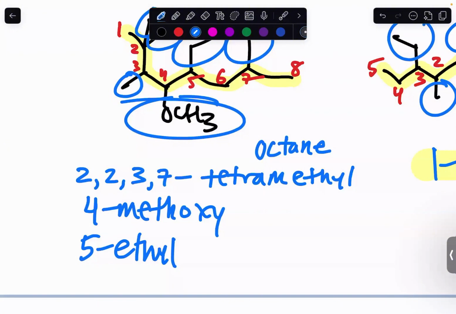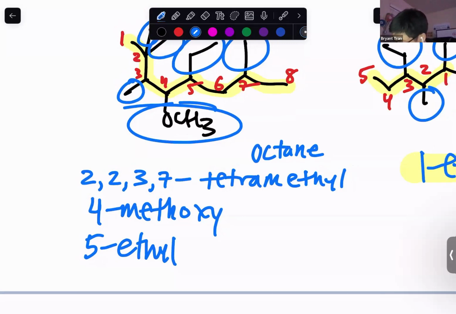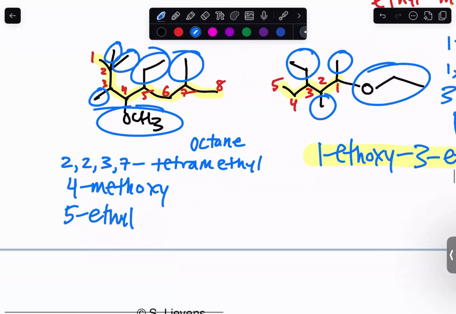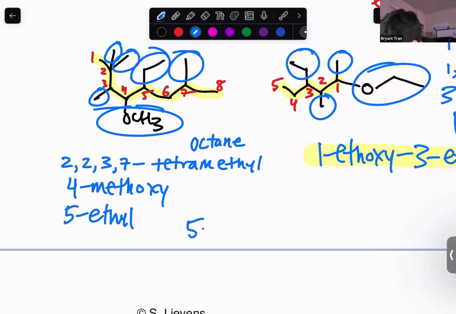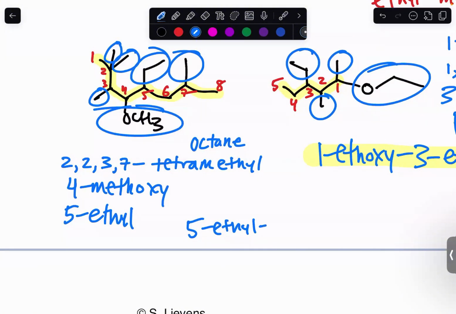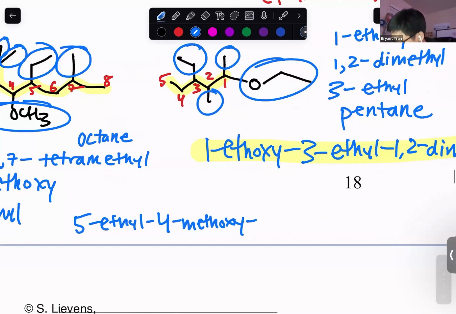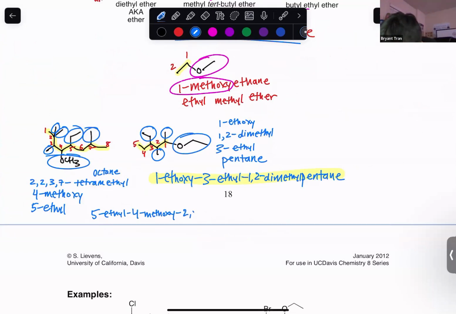So we would start with ethyl because we're doing it in alphabetical order. So 5 ethyl, and next 4 methoxy, and then 2, 2, 3, 7 dash tetramethyl octane.